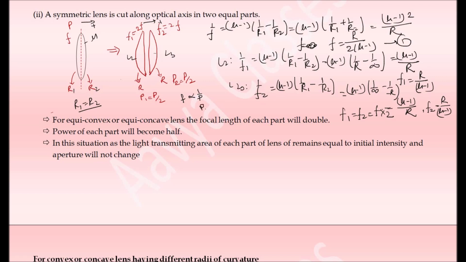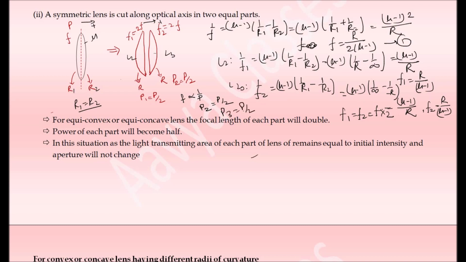So the power of this cut lens, we call it P2. So P2 is equal to P by 2. As its focal length becomes twice, the power will become half. It's very clear that when the focal length becomes n times, then power will reduce by n times. So P2 is equal to P by 2 and P3 is also P by 2.